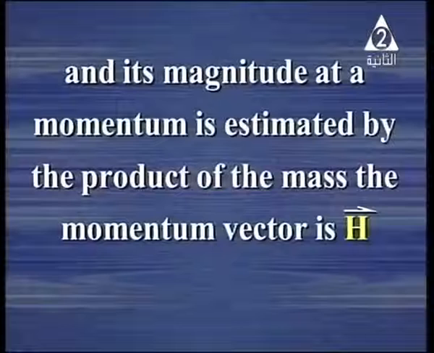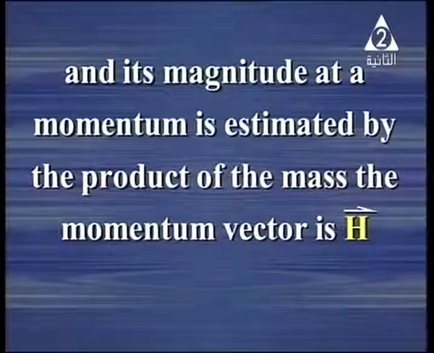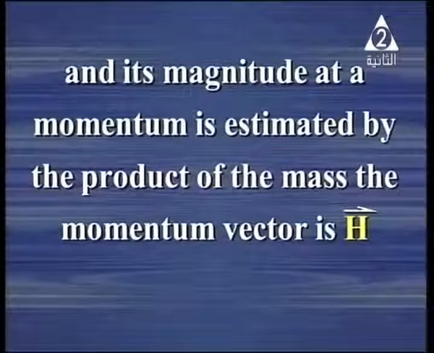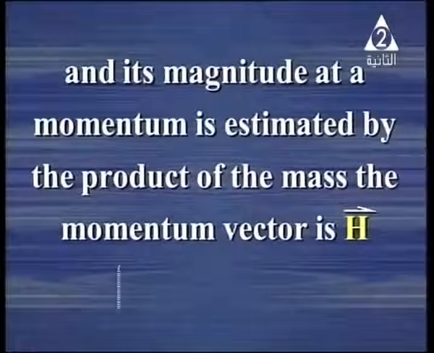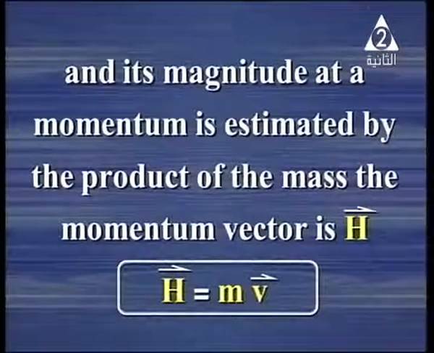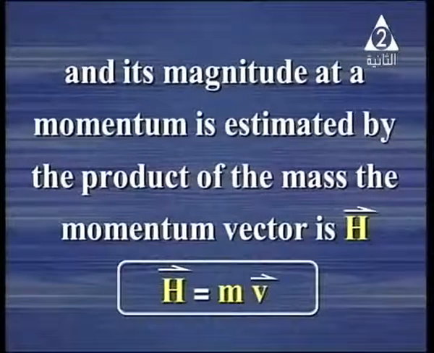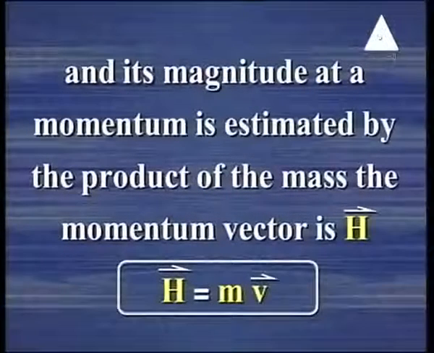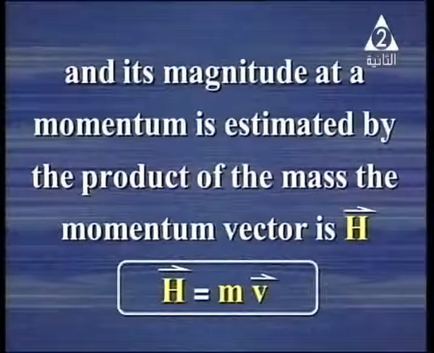Its magnitude is estimated by the product of mass and velocity. The momentum vector has the symbol h vector. H vector equals m times v. What is v? Velocity. Dear student, we have two vectors, the momentum vector and the velocity vector.